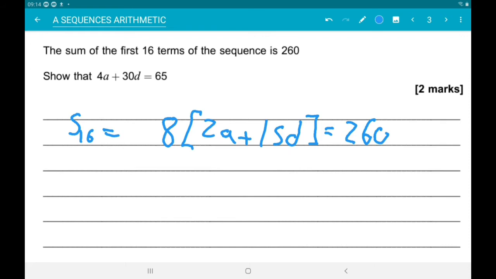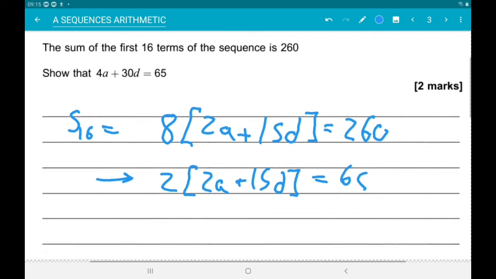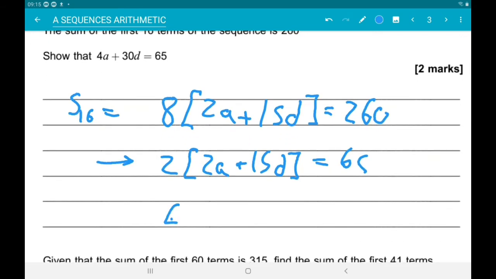So we can say then that 2 lots of 2a add 15d is equal to 65, and then expand the brackets.